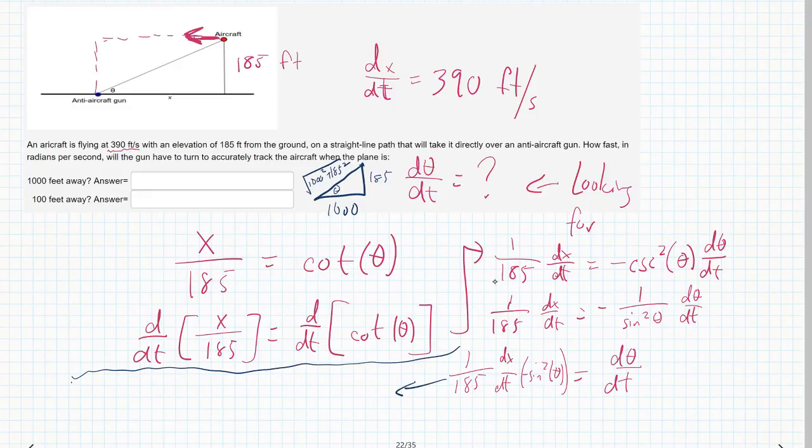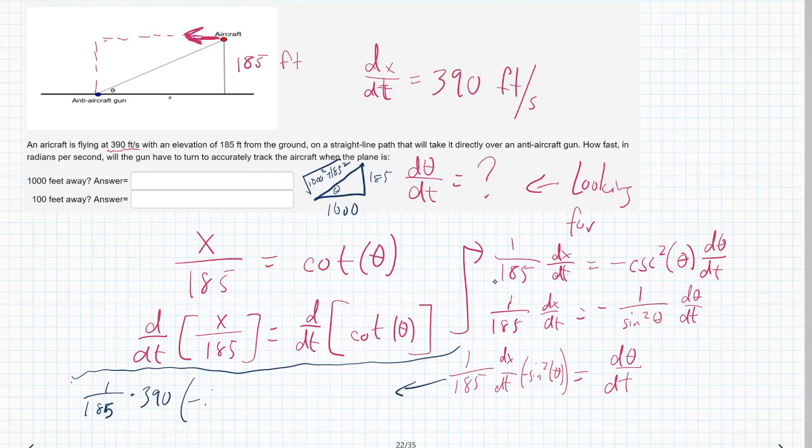And so for the 1,000 feet away, you go 1 over 185 times 390, which isn't so bad. Those two things will cancel. No, they won't. Actually, that's not perfectly lined up. And then times negative, oops, the square root will appear in the denominator.